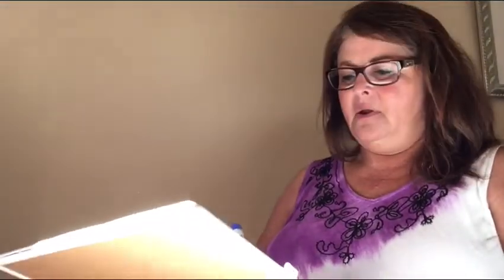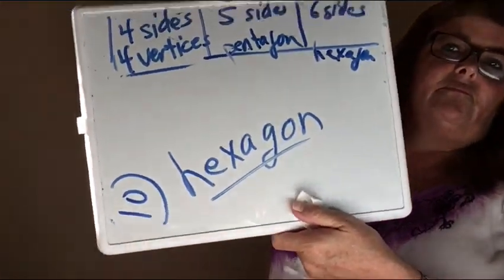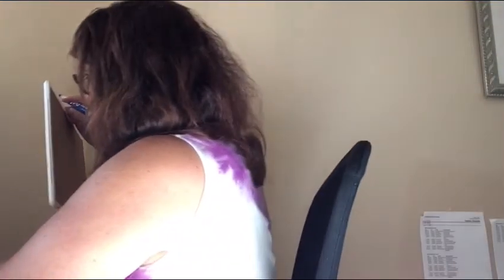If your first shape is a quadrilateral with 4 sides and 4 vertices, your next shape is a 5-sided figure, and the third shape will be a hexagon. So number 10 is hexagon.